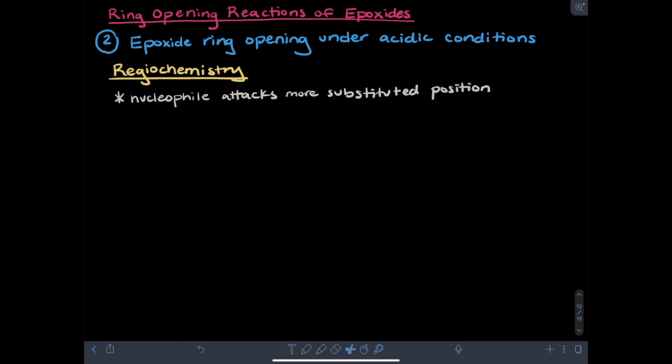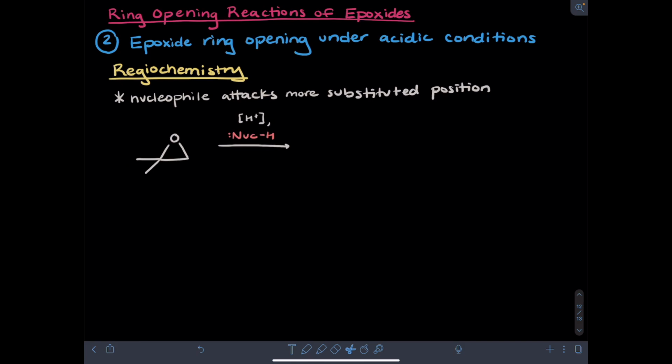The regiochemistry of epoxide ring opening under acidic conditions is different from what we saw for strong nucleophiles. Under acidic conditions, the nucleophile will attack the more substituted position of the epoxide. So let's consider we had this differently substituted epoxide where one carbon has two methyls and the other carbon just has two hydrogens.